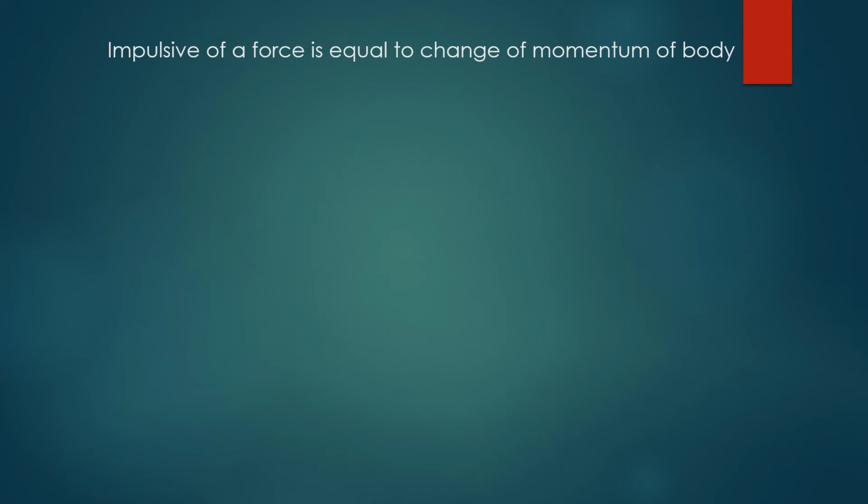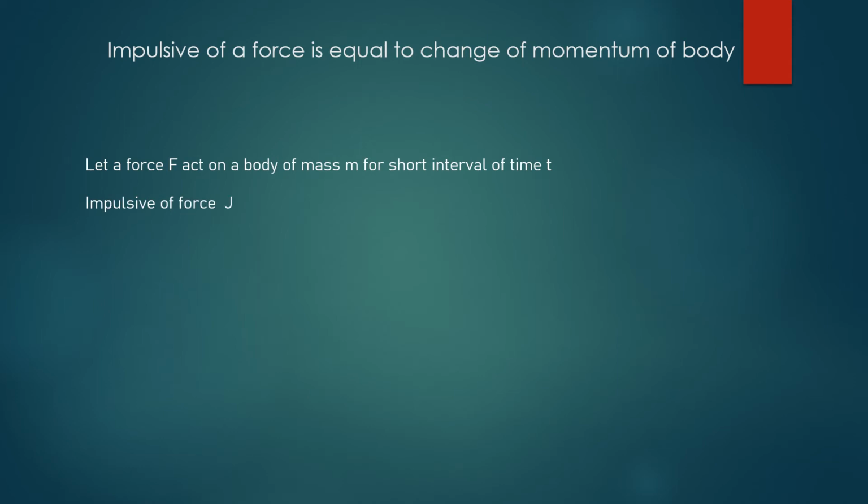Now let us start. Let a force F act on a body of mass m for a short interval of time t. Impulse of a force J can be written as the product of average force and time. From Newton's second law, we can write F is equal to ma. Now the equation becomes J is equal to m a t.